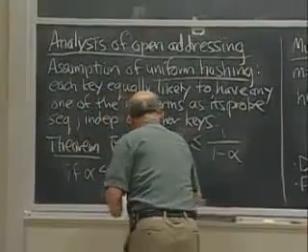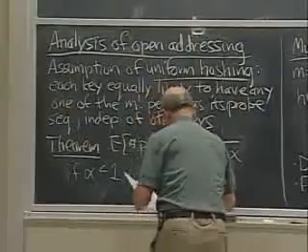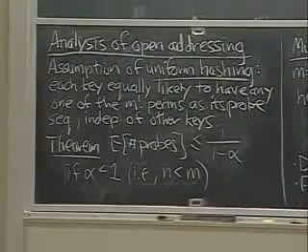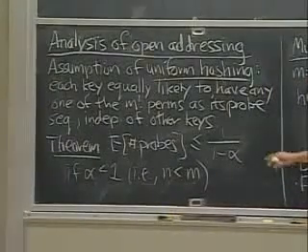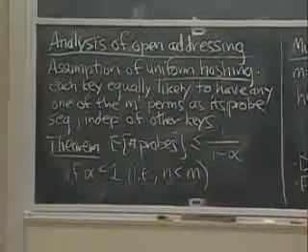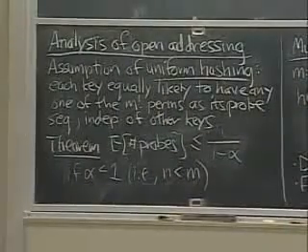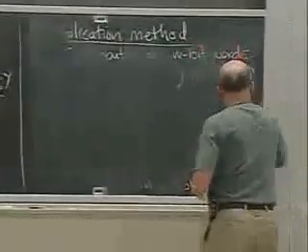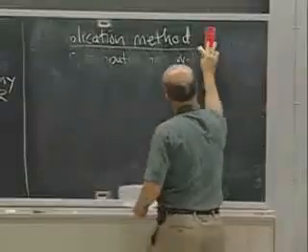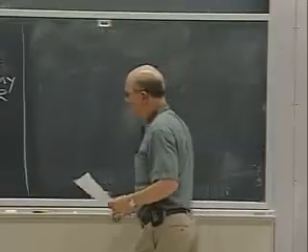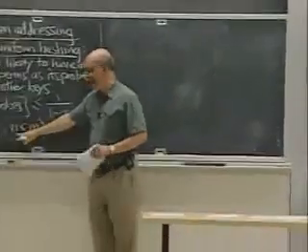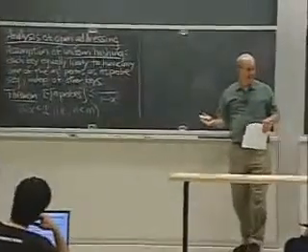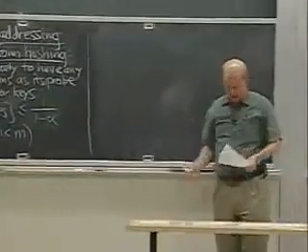That is, if the number of keys in the table is less than the number of slots. So alpha is the load factor. And of course, for open addressing, we want the load factor to be less than 1, because if we have more keys than slots, open addressing simply doesn't work. You've got to find a place for every key in the table.